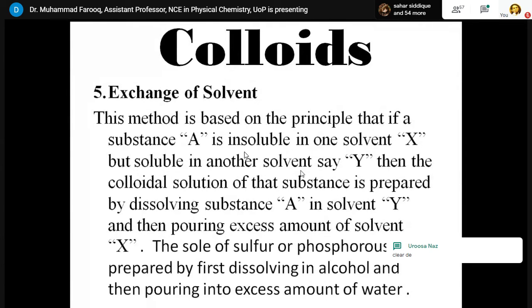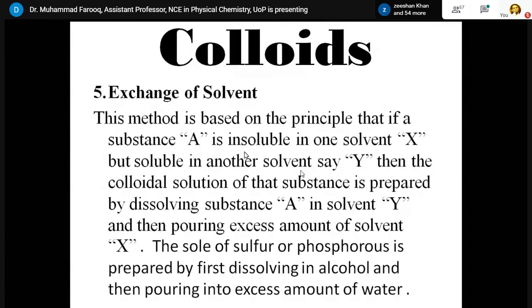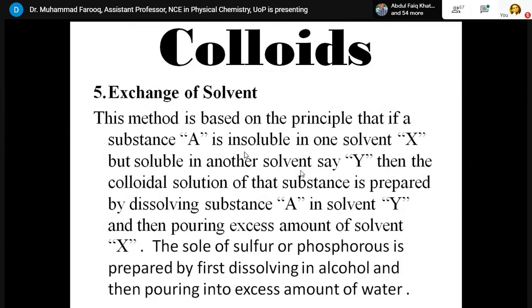This method is based on the principle that if a substance A is insoluble in one solvent, say X, but soluble in another solvent, say Y, then the colloidal solution of that substance is prepared by first dissolving A in Y, because it is soluble in Y, and then pouring in an excess amount of solvent X, in which it is not soluble.